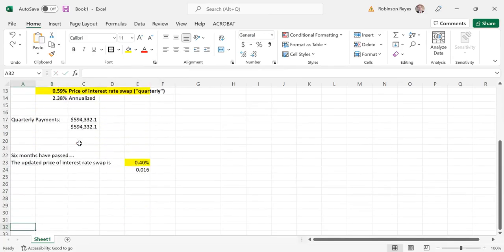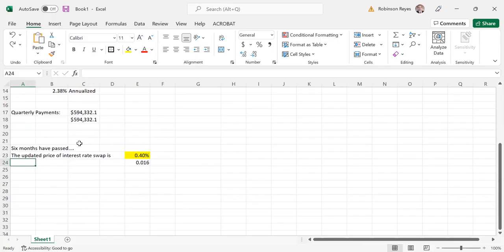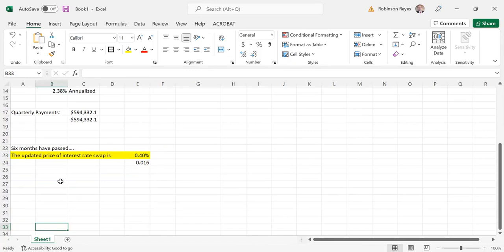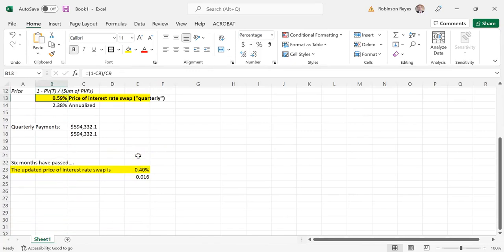Okay, so this is to make it simpler. Now we are given this price, which is okay. We use these present value factors, we calculated the updated price of a swap, and now 6 months later, the price of a swap is no longer 0.59, but now it is 0.40.